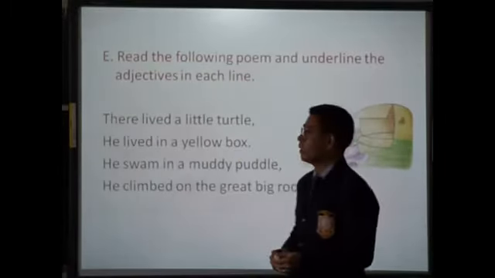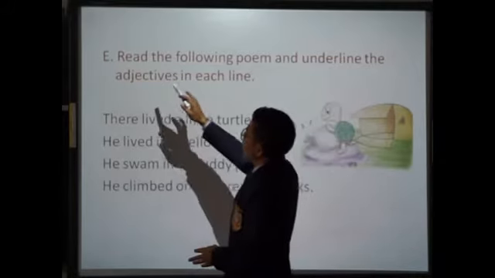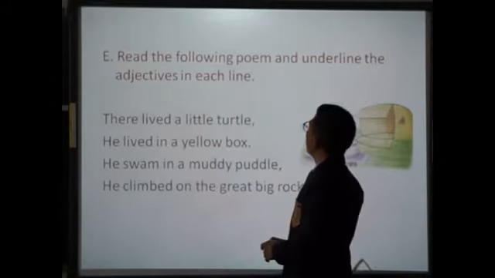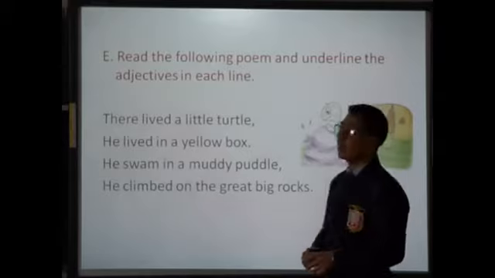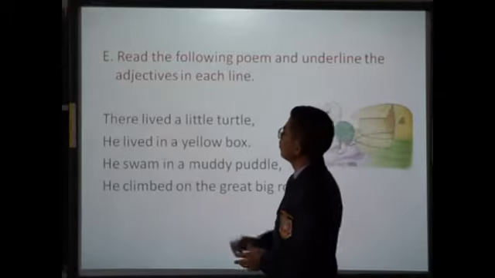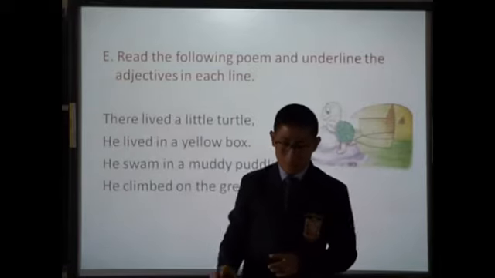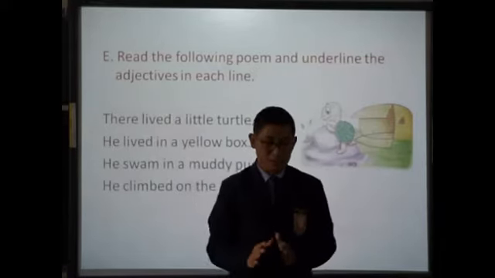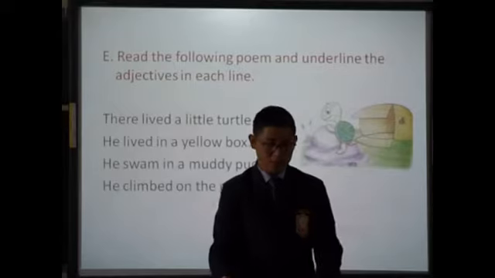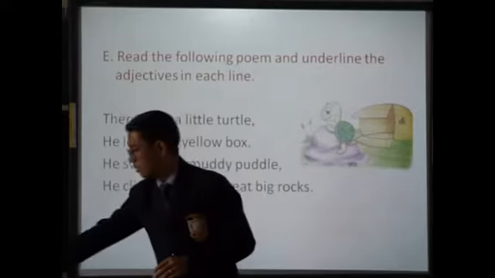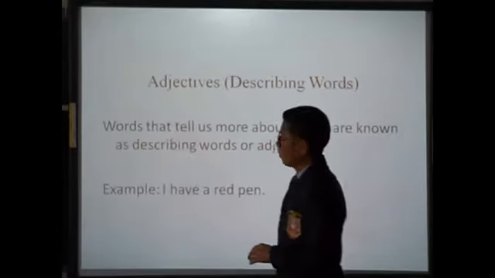Okay, in exercise E, let's recall. The question is, read the following poem and underline the adjectives in each line. Before we start doing this, let us understand what an adjective is.